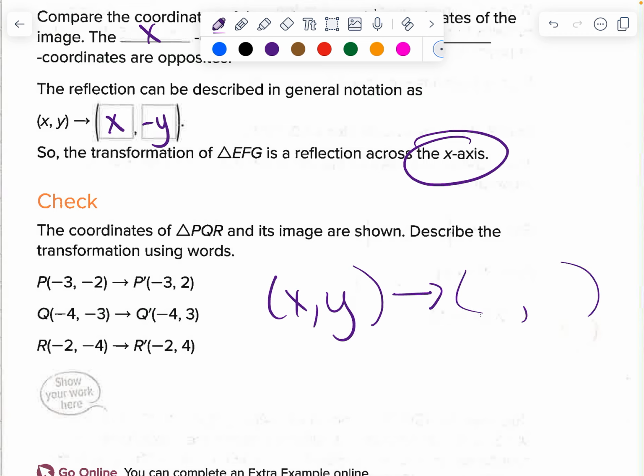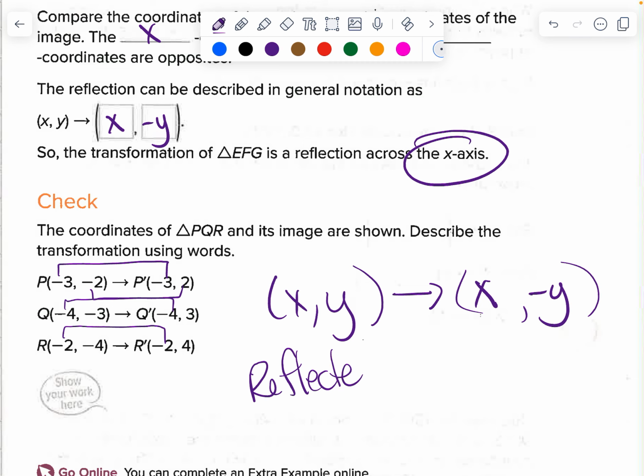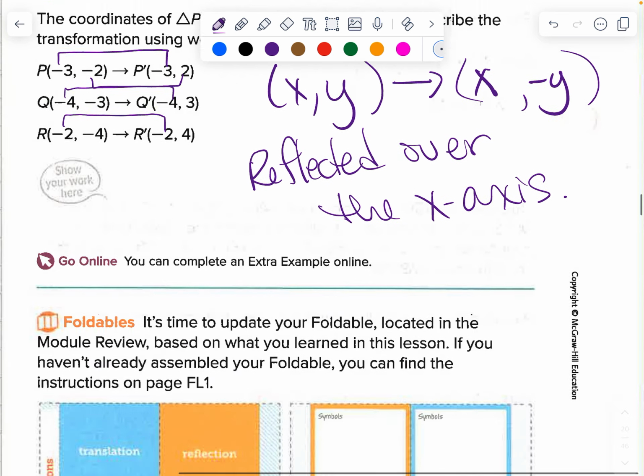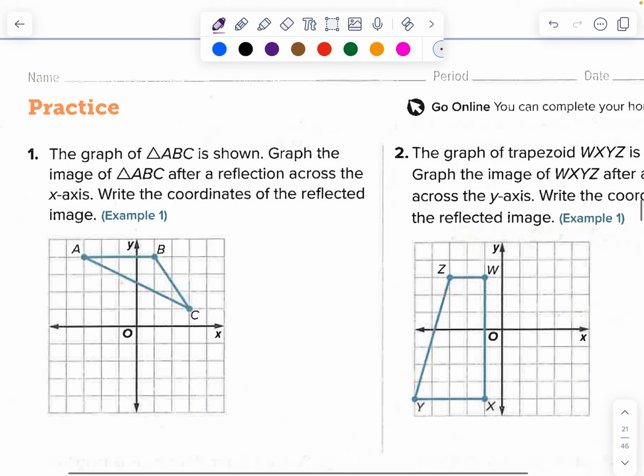The x's are the same, the x's are the same, the x's are the same. The y values are opposite. So that means it's reflected over the x-axis. Okay, awesome.